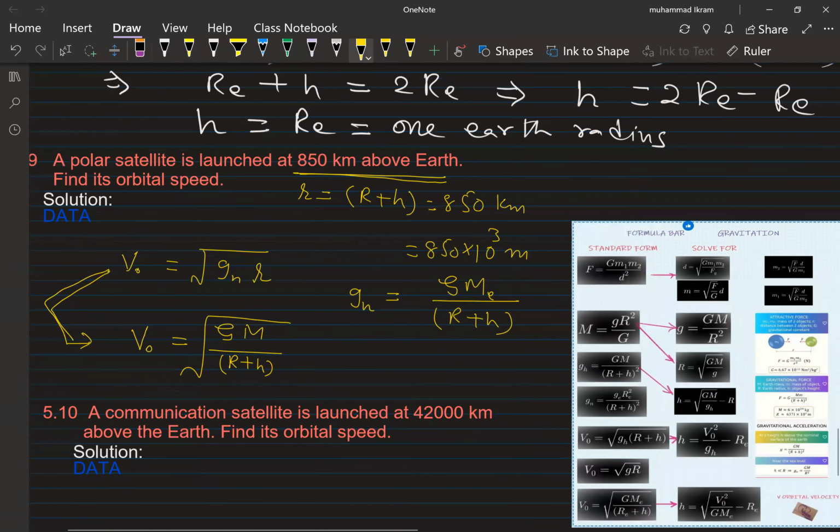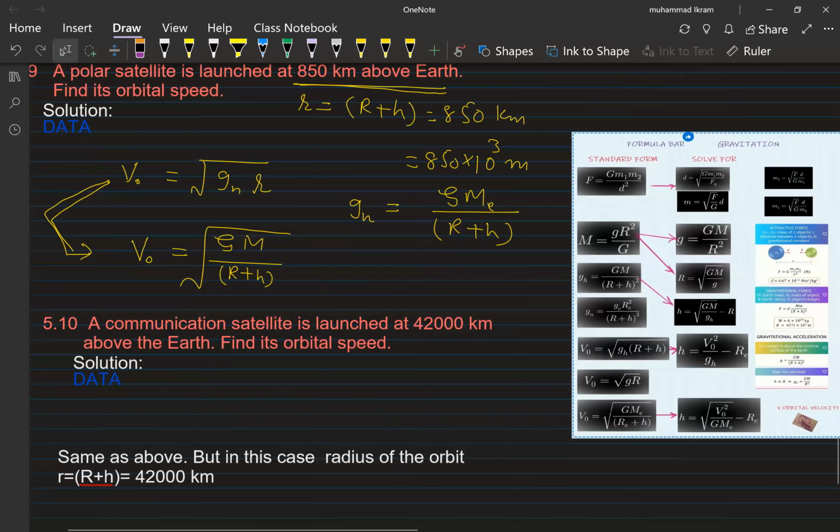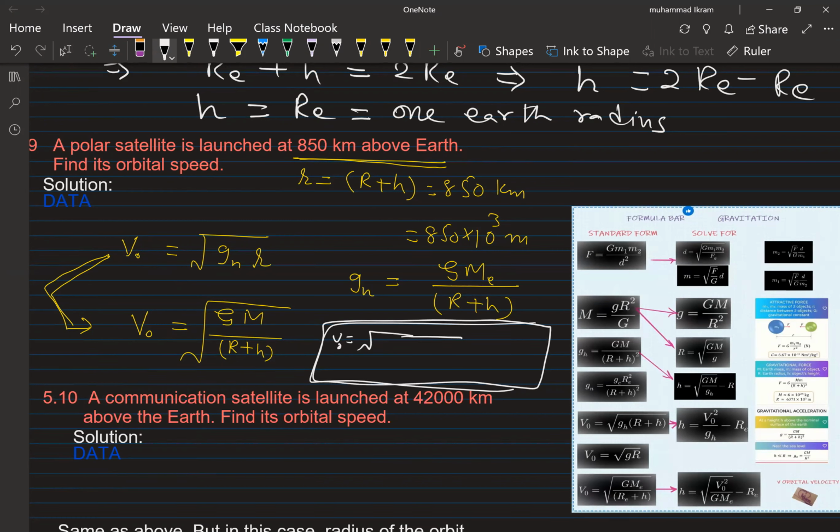And where does this formula come from? I did not do any special things, I just use this expression, right? Let me do it for you here. Look, where does this formula come from? You see, this v naught is the square root of gh into r.